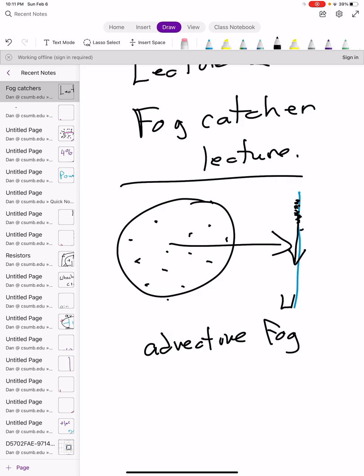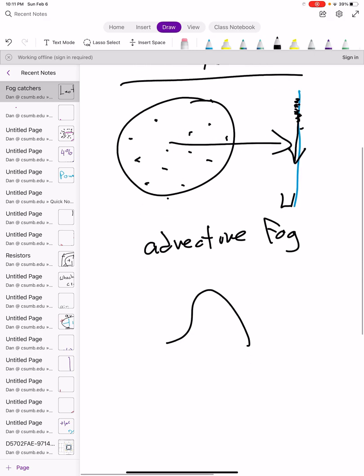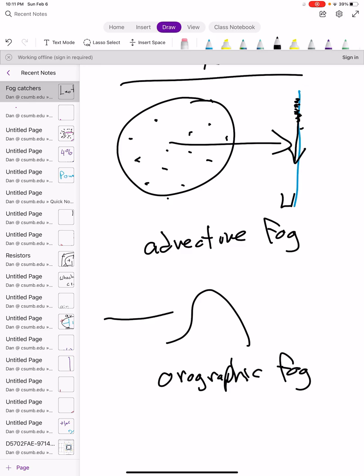Another type of fog that is often associated with wind is orographic fog, where you have a mountain and the air that's blowing this way gets blocked by the mountain and goes up. And when air rises, pressure is lower here.